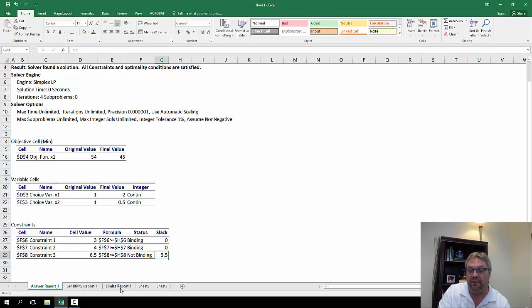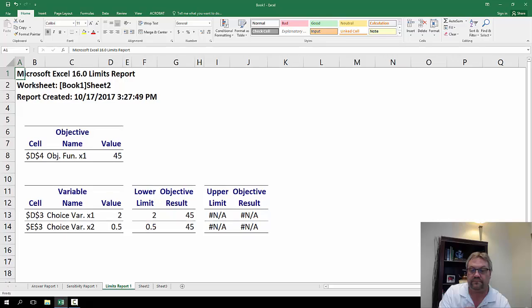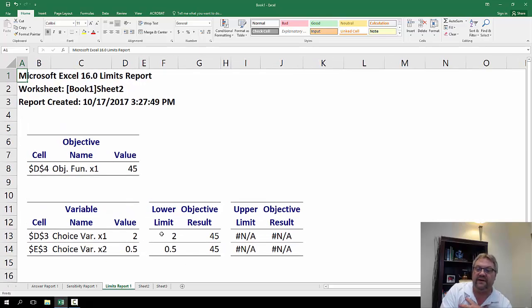I'm going to jump over the sensitivity, go right to the limits report. Okay, what this is telling you, this is one of the reasons I wanted to do this. So what we see here for this cost minimization function is there are no upper limits, right? You don't want to increase those costs, right? So the upper limit here is NA.